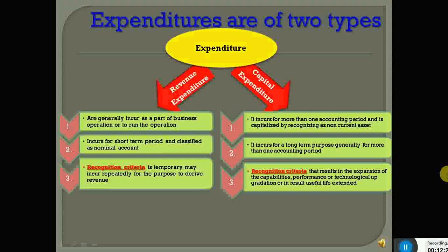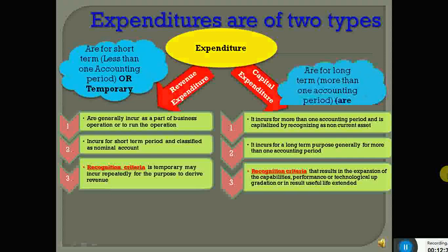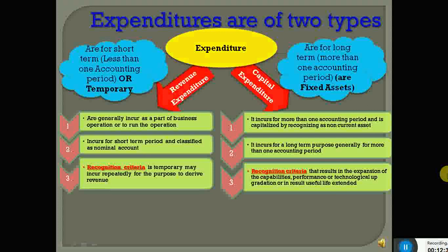It is incurred for a long-term period, for a long-term purpose, generally for more than one accounting period. Once again, the recognition criteria: it results in the expansion of capabilities, performance or technological upgradation, or results in the useful life being extended.